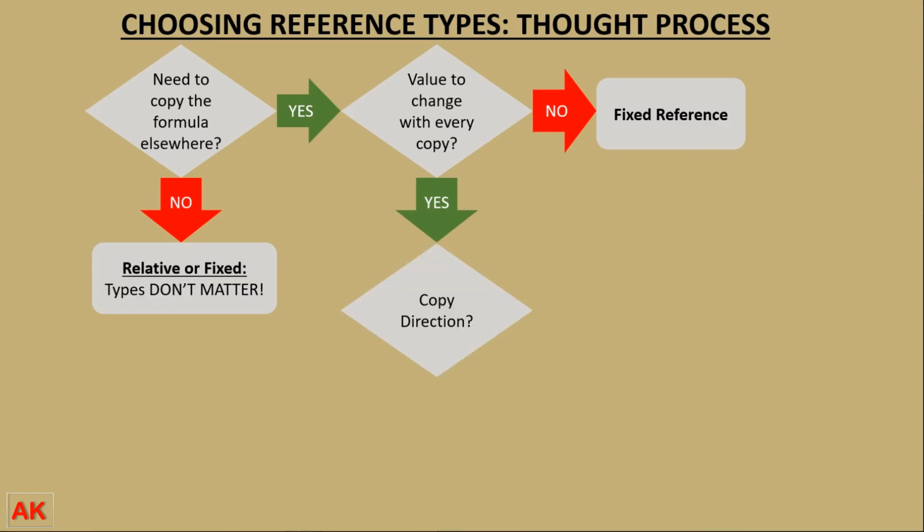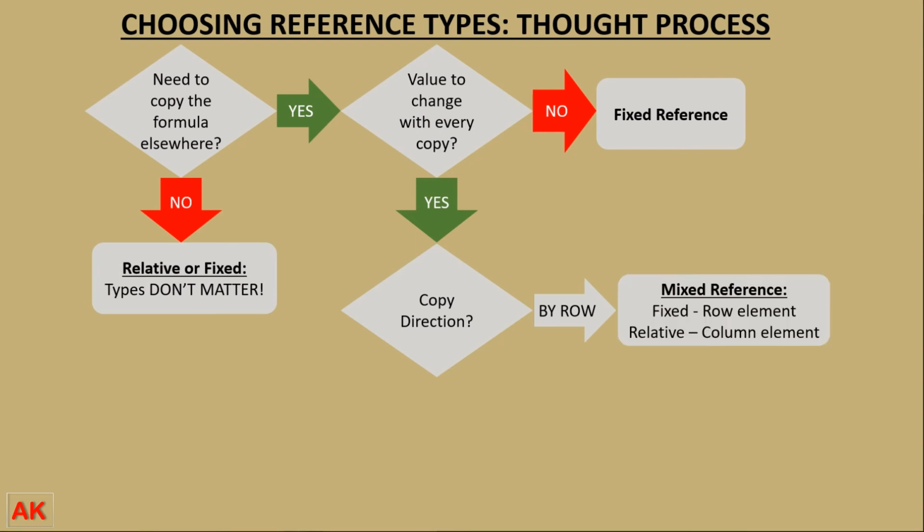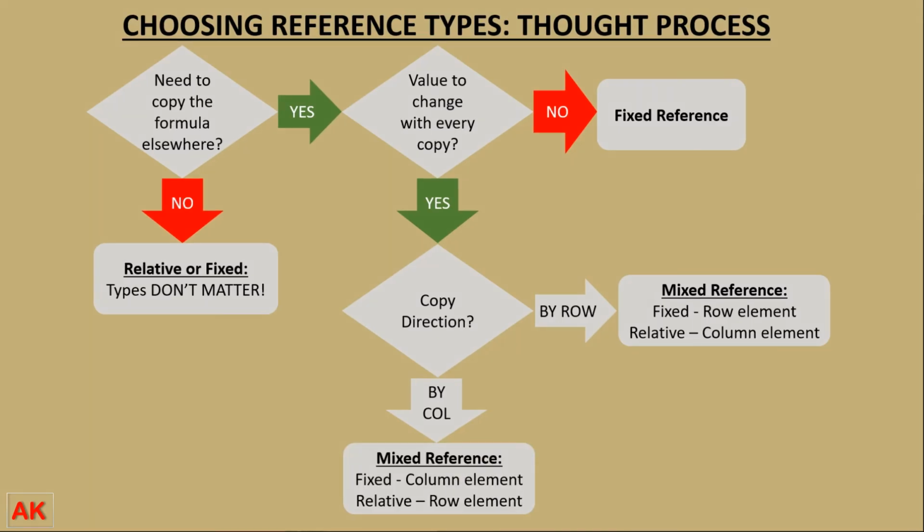If the direction is to copy across a row, that is, copying the formula into other columns, then I will fix the row element of the reference. However, if the direction is down or up a column, in other words, copying the formula to other rows, then fix the column element of the reference.